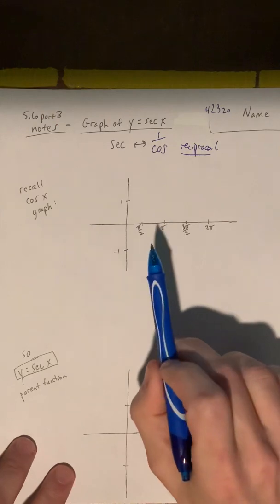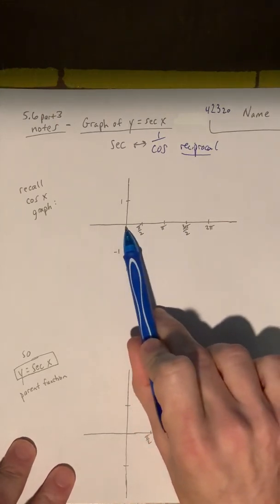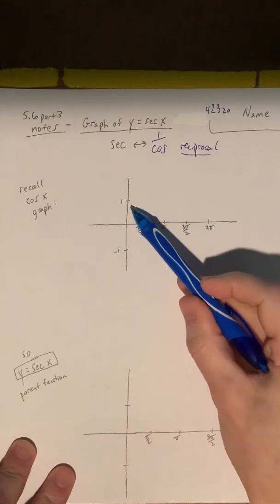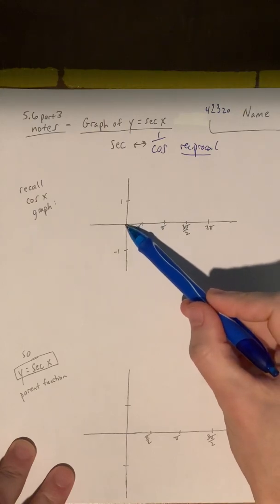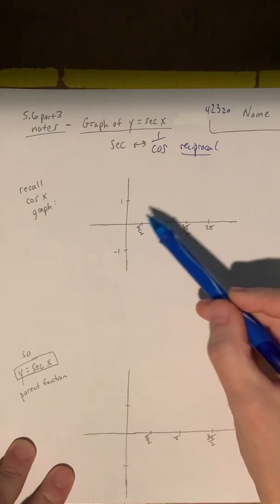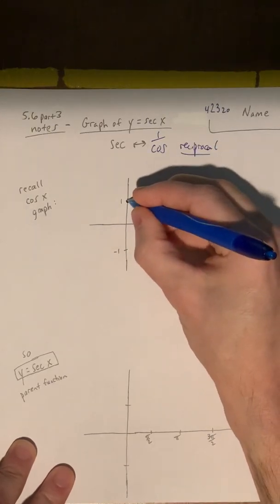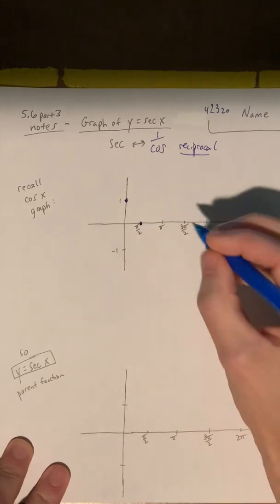Remember, for the cosine graph, the parent function, we have our normal increments, 0 to 2 pi, a max and min of 1 and negative 1. Remember, the sine graph starts at the origin at 0, but the cosine graph starts at its maximum up here at 1. So at 0 it's at 1, it's going to cross at pi over 2.